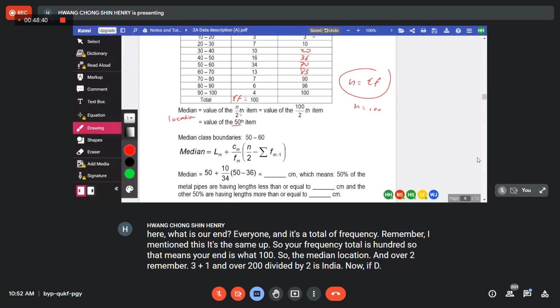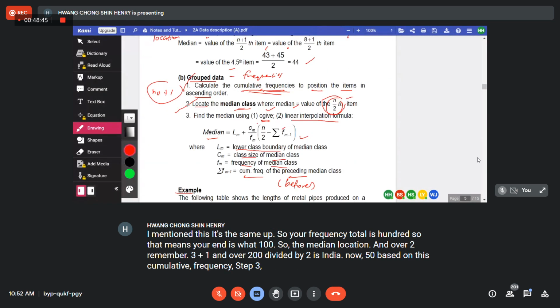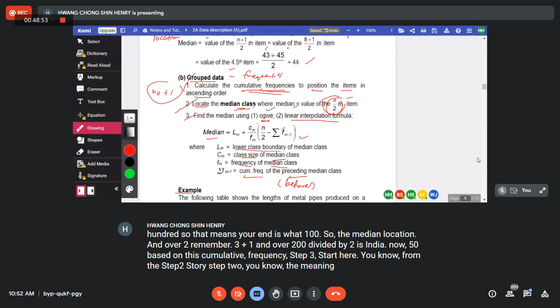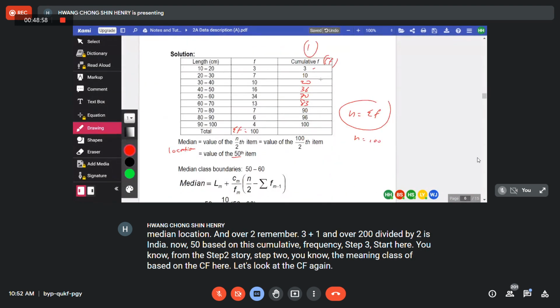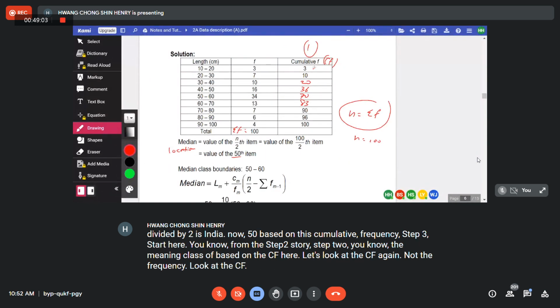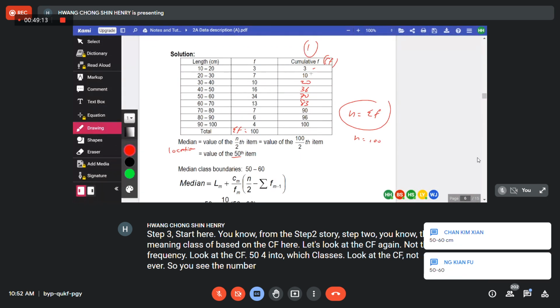Now, 50, based on this cumulative frequency, step 3, from step 2 you know the median class. Based on the CF here, let's look at the CF again, not the frequency. Look at the CF. 50 falls into which class? Look at the CF, not the F. So you see the numbers here, 3, 10, 20, 36, up to 100, right?